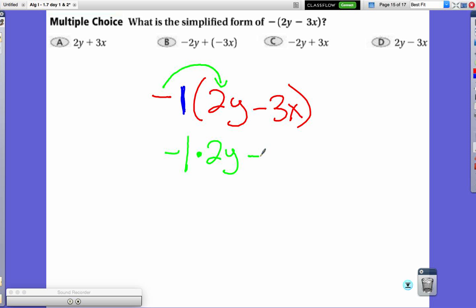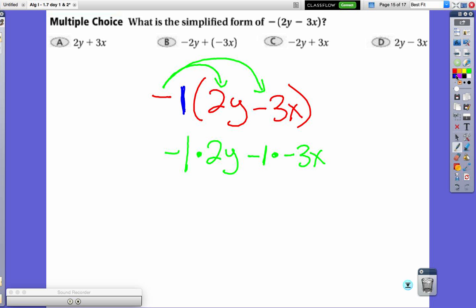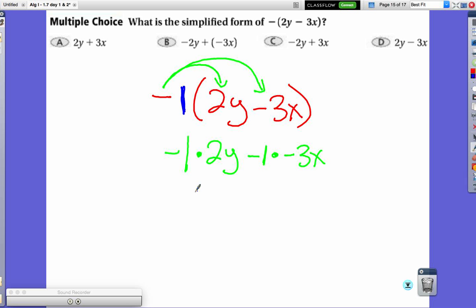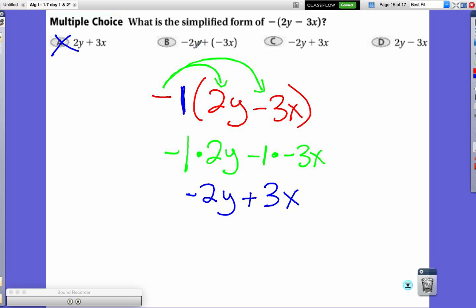We have another -1, and we're taking it times a -3x. -1 times 2 is -2, and we have a y. A -1 times -3, negative times a negative is a positive, and then 3x. So if you look up here, oh, this one isn't right. -2y minus 3x. Close. -2y plus 3x. There's our answer. Okay.